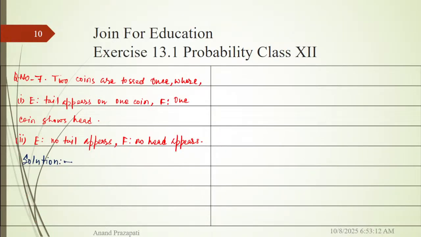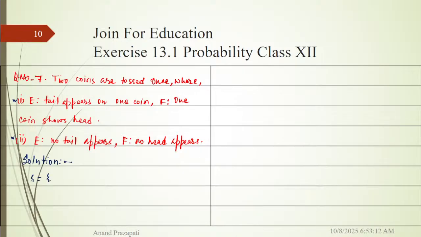Let's see question number 7. Question number 7 has two parts, first part and second part. Question number 7 saying that two coins are tossed once. So first of all we find out sample space.